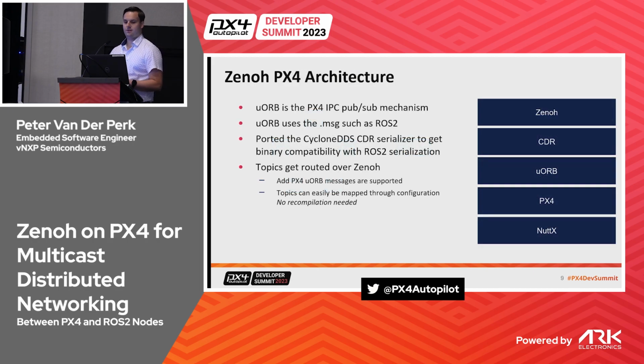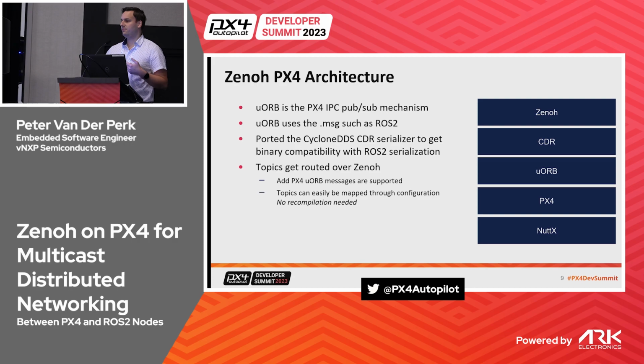So how is Zenoh implemented on PX4? PX4 uses uORB, but actually uORB is quite close to ROS2 right now. It uses the .msg format to define how the messages are specified, and you can already use that transparently inside of ROS.